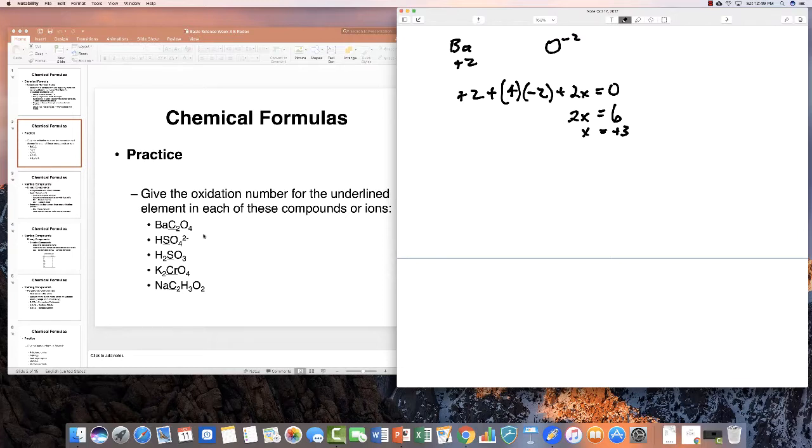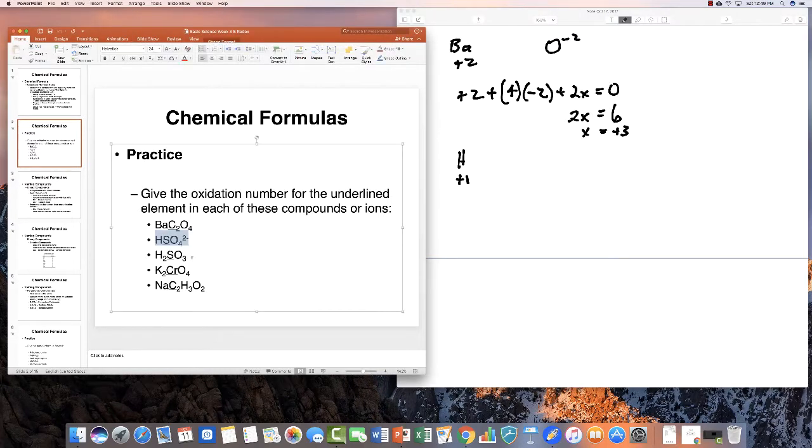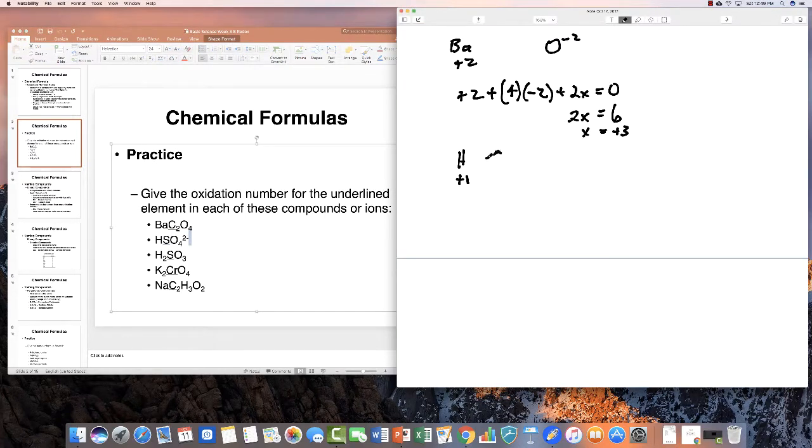Now let's take a look at this next one. Remember, the sum of oxidation numbers of a polyatomic ion has to equal the charge of that ion. Here we have hydrogen, which is +1, because it's binding with a nonmetal. We have sulfur here, which is what we want to know, so we'll call that x.